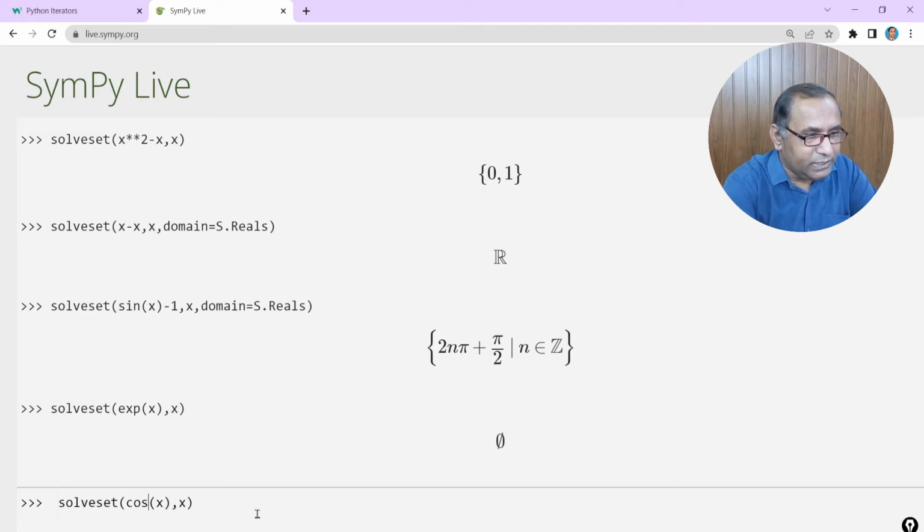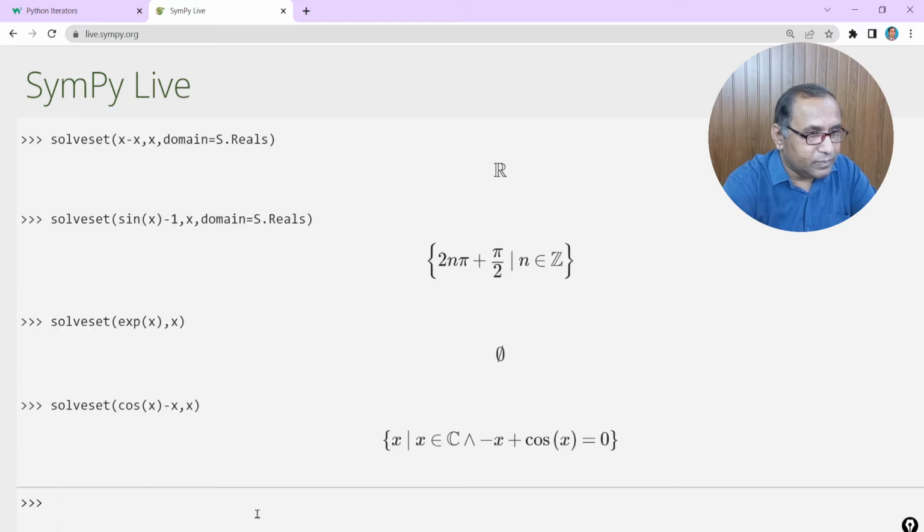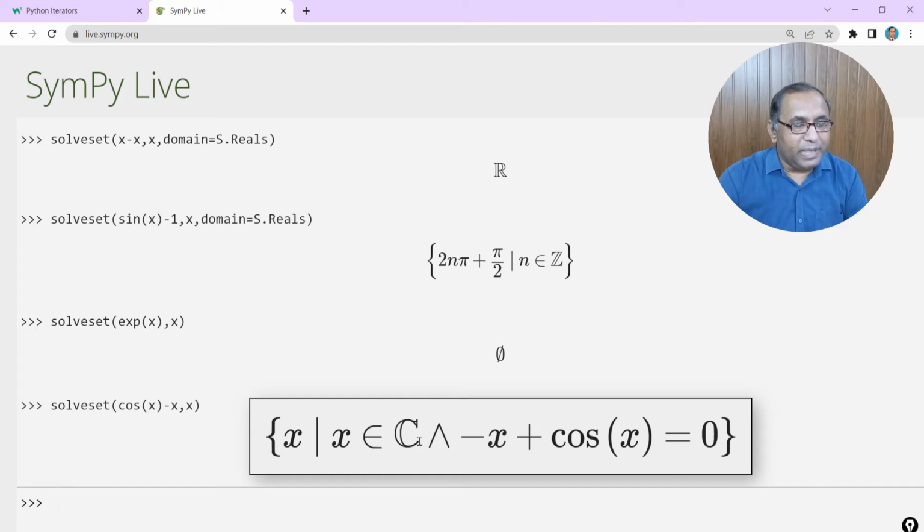we are using cosine x, then we have minus x, and we want to solve this equation for x. Okay, so when you enter, it is returning the equation without solving it: x such that x belongs to C, and minus x plus cosine x is equal to 0.